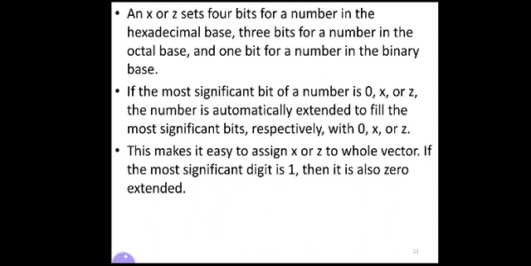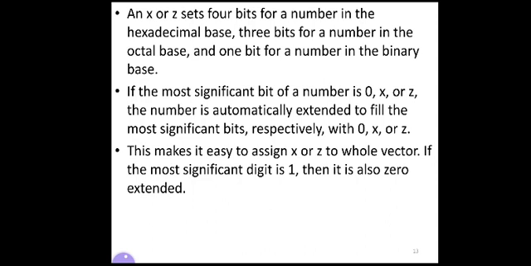An X or Z sets 4 bits for a digit in the hexadecimal base, 3 bits for a digit in the octal base and 1 bit for a digit in the binary base. As we have already discussed, binary has only two values, 0 and 1, so it is a single bit. Octal digits can be represented from 0 to 7 with 3 bits, whereas hexadecimal digits, 0 to 9 and A to F, can be represented with 4-bit binary numbers.